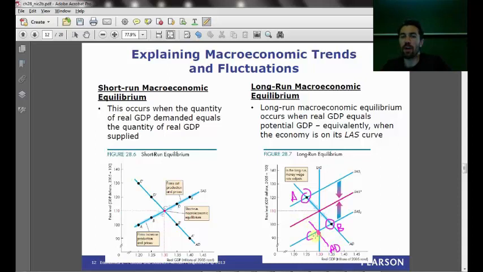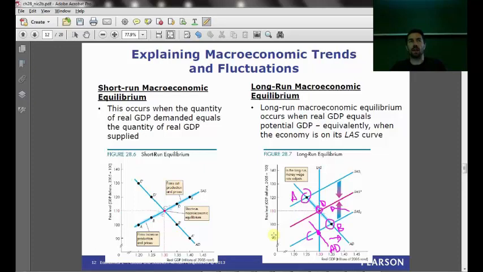That would have been a long-run equilibrium point. Let's say there was a shift in aggregate demand. That shift in aggregate demand brought us to short-run equilibrium point B. The problem with point B is it's not a long-run equilibrium point. So what will tend to happen is our short-run aggregate supply curve will shift to the left and bring us to point D, which is a long-run equilibrium.